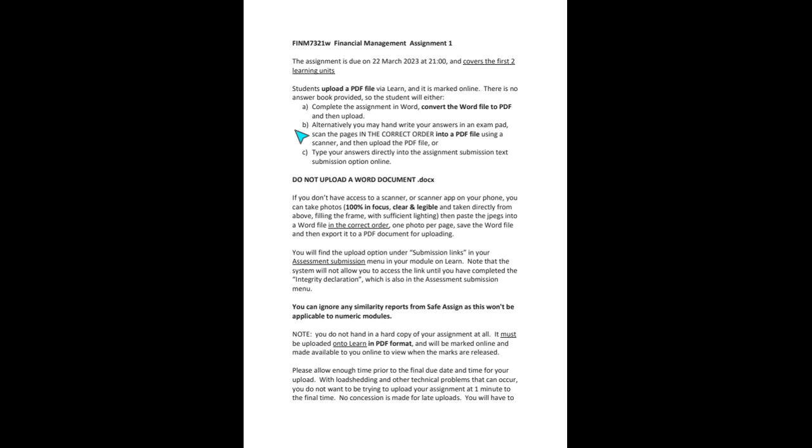You can handwrite your answers in an exam pad or some kind of plain paper. It has to be 100% legible. I can't battle to read it. It must be neat and you must use a dark black pen, preferably something like a fine liner.